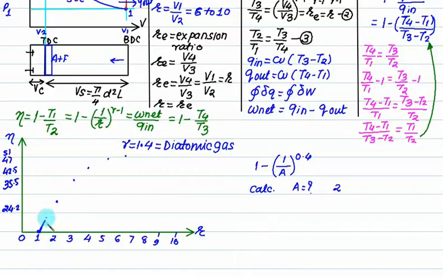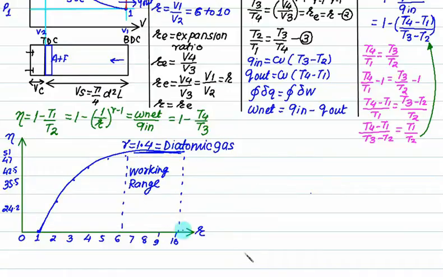It increases like this, and then becomes flatter and flatter, and finally it is almost constant. Where it is constant is probably in the range from 6 to 10. There is a very marginal increase from 6 to 10. So the working range for a petrol engine is taken as 6 to 10.